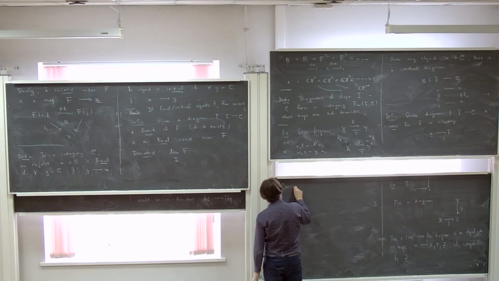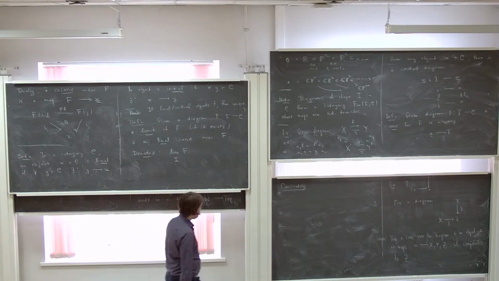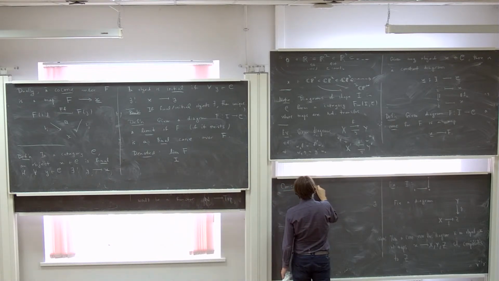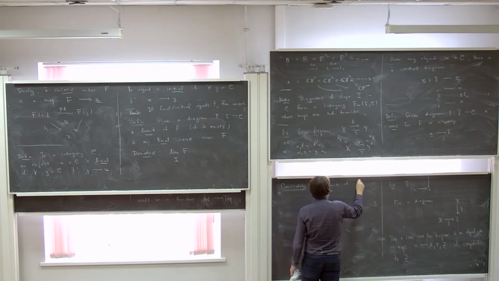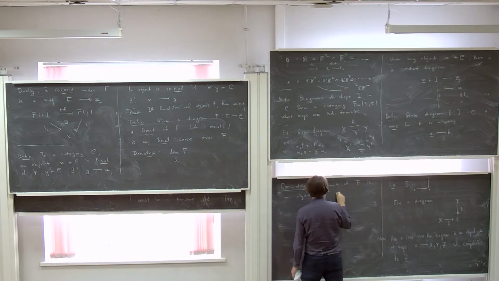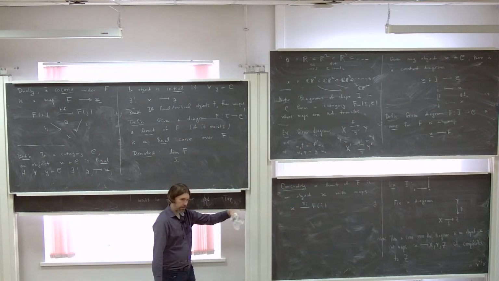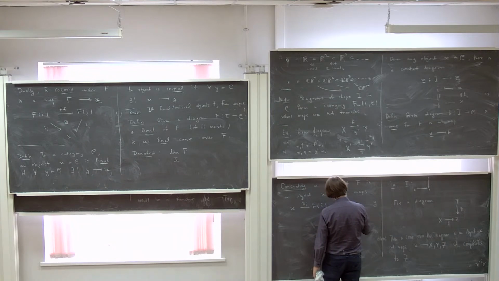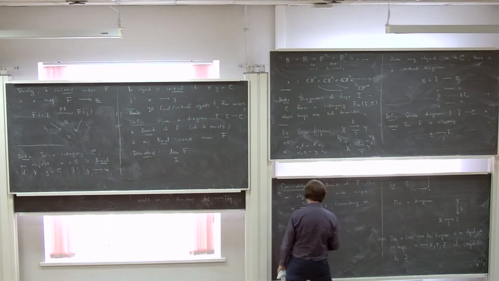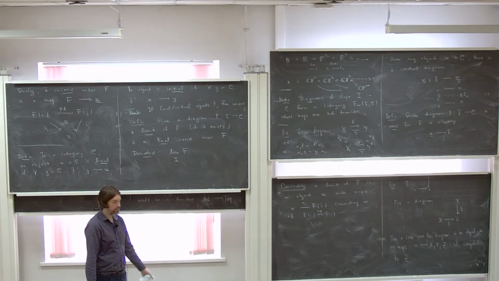Concretely, a limit of F is an object X with maps, commuting with all the maps coming from I. So that's just the datum of a cone over F. But it's supposed to be final.